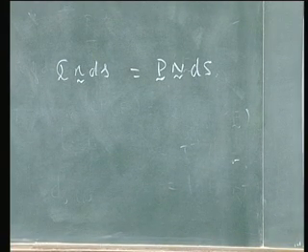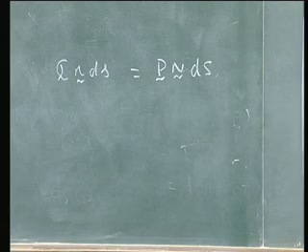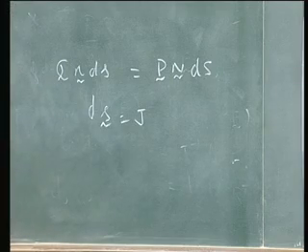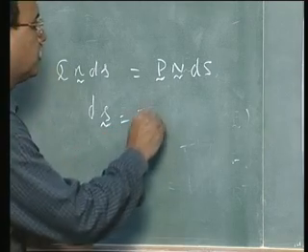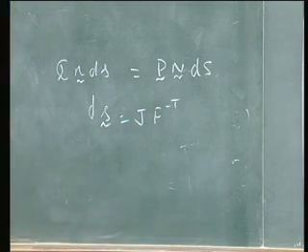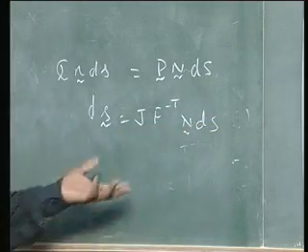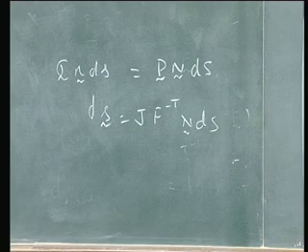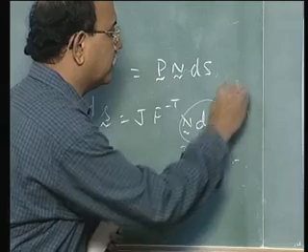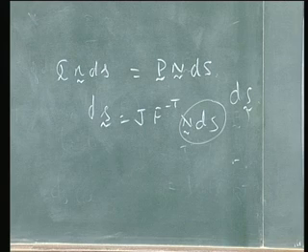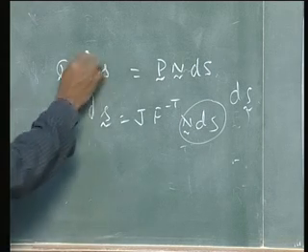But what is ds? We derived it in the last class. What is ds? J F inverse transpose N dS, which is a vector. So n ds is J F inverse transpose N dS.